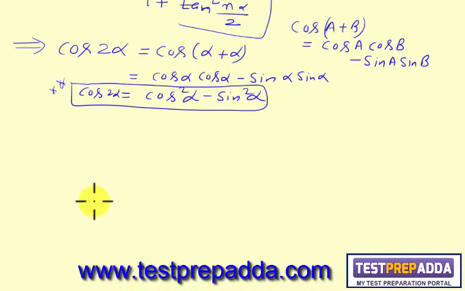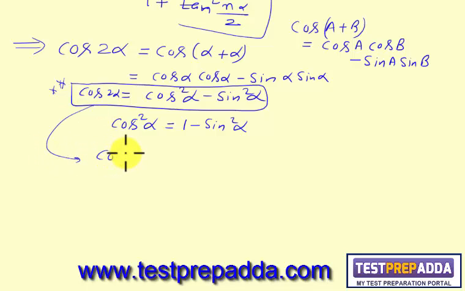Okay. Now, as we know, cos square alpha plus sin square alpha is 1. So I can replace cos square alpha with 1 minus sin square alpha, right? So if this is the case, what will be the cos 2 alpha value?